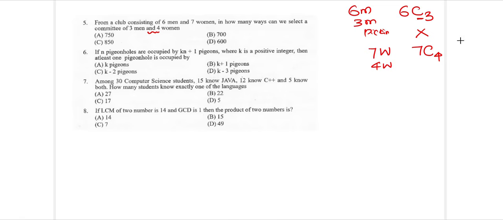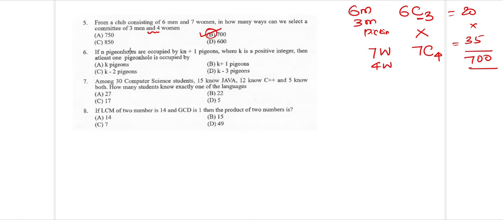Or means you will have to add, multiply if it is and. So take your calculators, work out 6C3 and 7C4. 6C3 is going to be 20, 7C4 is going to be 35. 20 into 35 makes it equal to 700. So the answer over here is going to be 700.